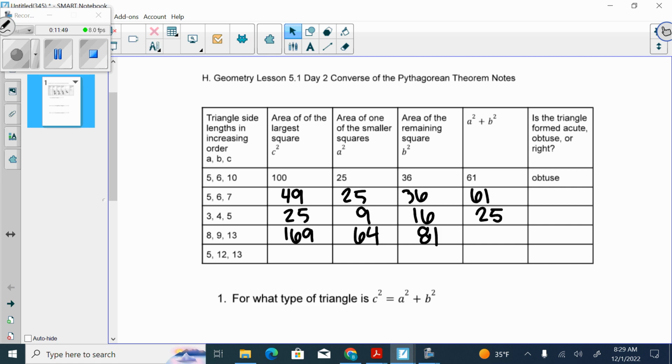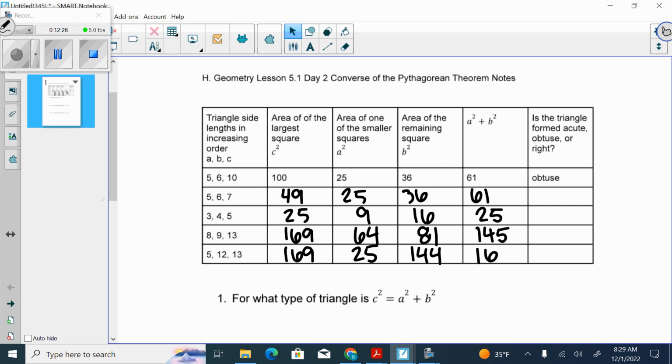And what's A squared plus B squared? 145. All right, and then last row, what's C squared? Okay. All right, and then what is our A squared? And B squared? And what do we get when we add A squared and B squared? What did you say? I'm sorry. I said 160. Yes, 160.